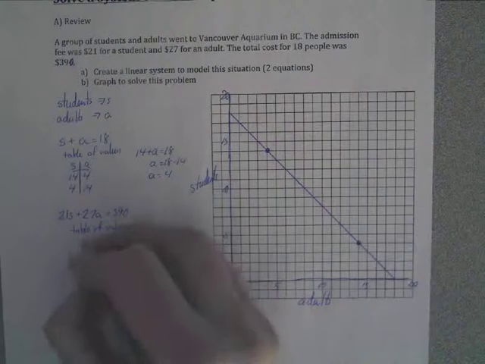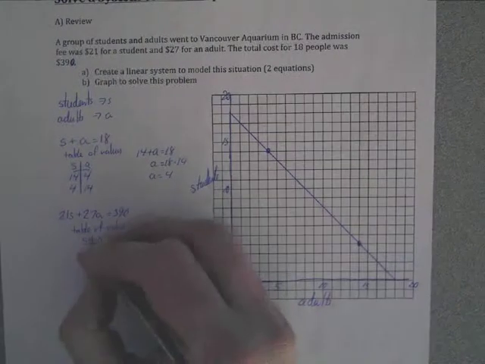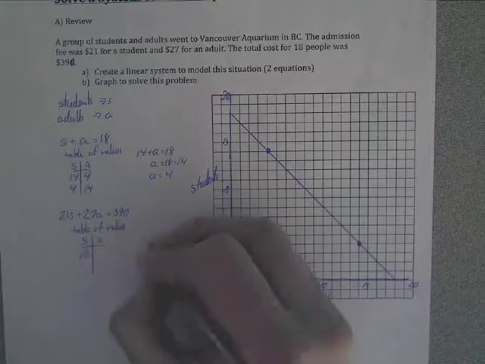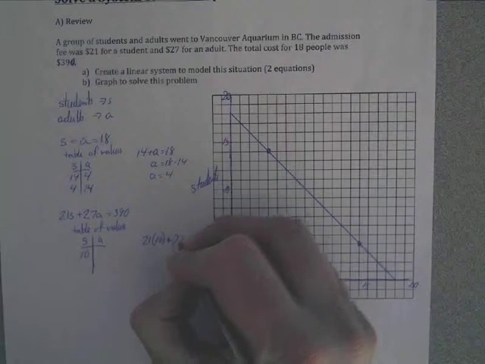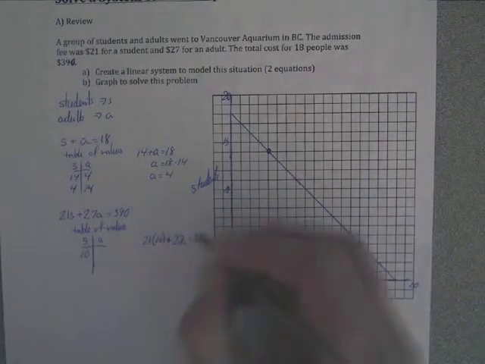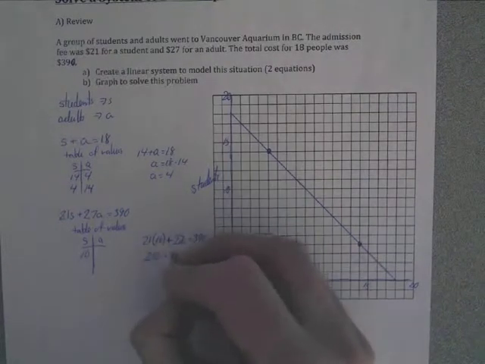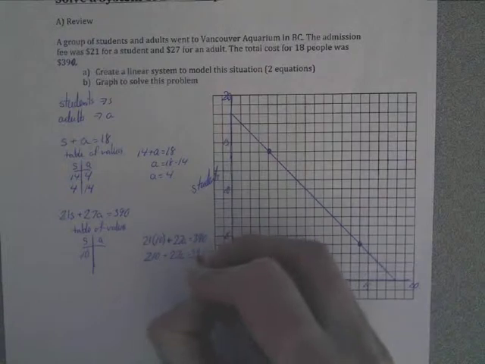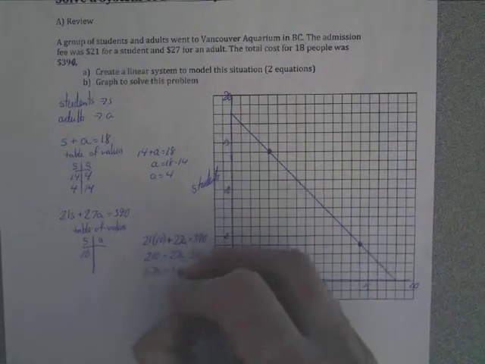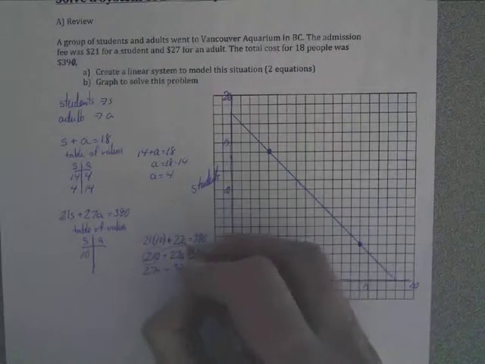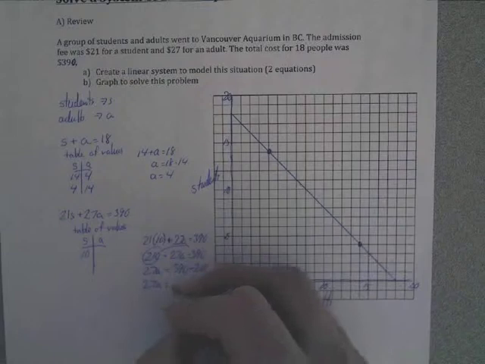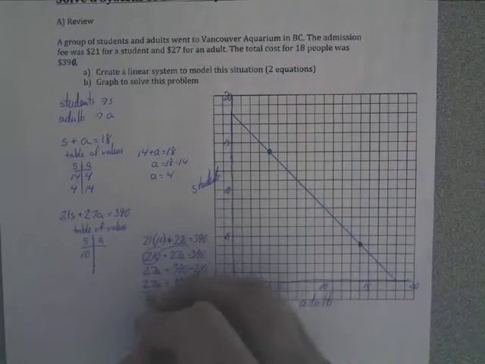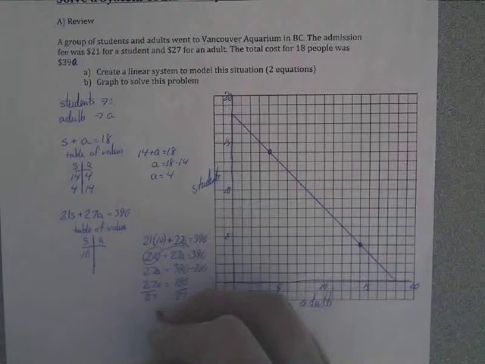I'm going to guess here, I'm going to go with 10 students, so 21 times 10 plus 27A is equal to 390. 210 plus 27A is equal to 390. 210 comes across the equal sign, minus 210. 27A is equal to 180. Divide by 27, divide by 27. A is equal to 6.6.